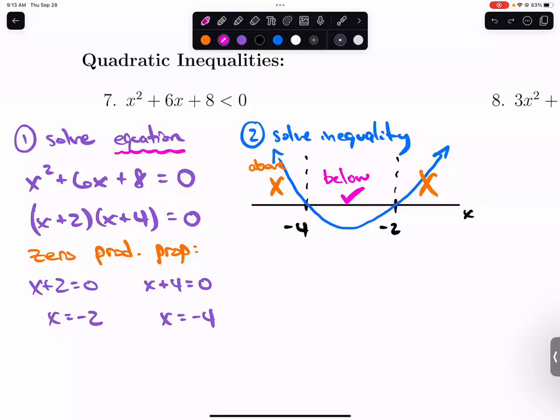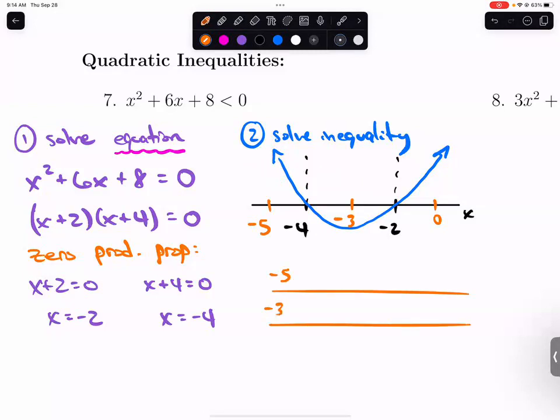If you don't like that and would rather test points, then test points instead. We know what the answer is going to be, but I could pick things like -5 and -3 and 0 and plug them in and see what happens. -5 squared plus 6 times -5 plus 8. You've got to do a little bit of arithmetic, right? That's the price you pay for it.